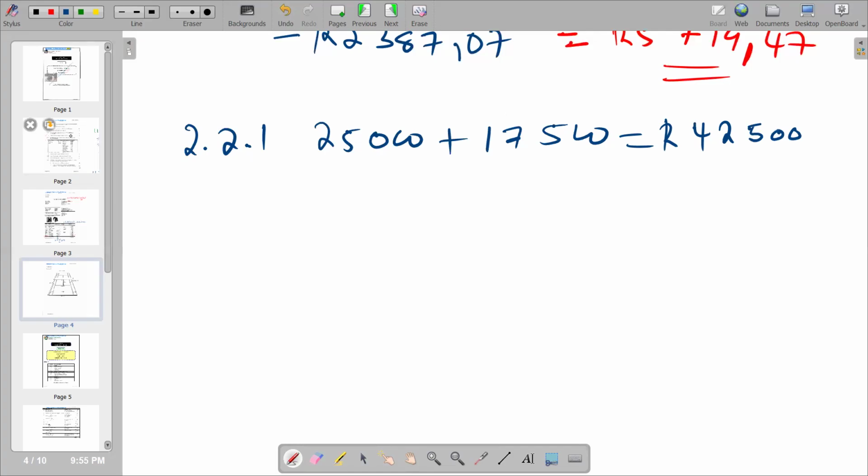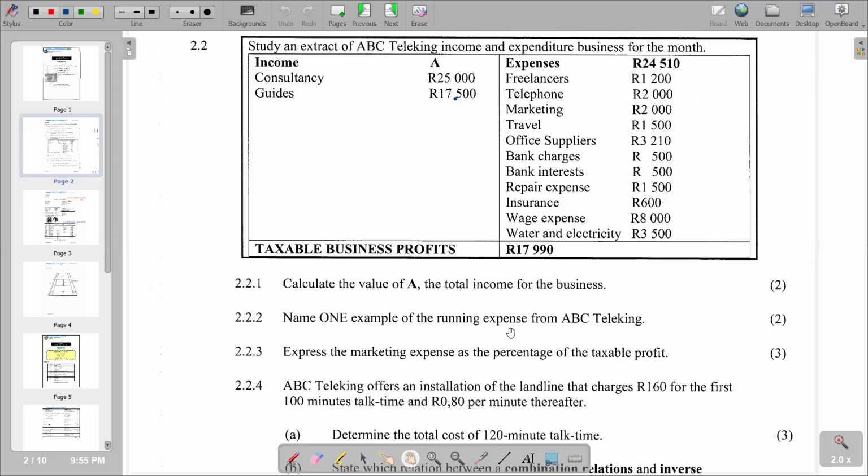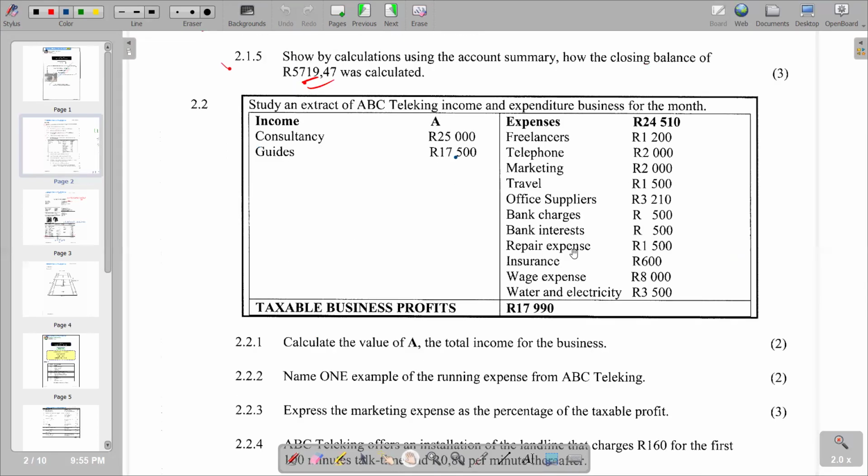And then we go to the next part of our question, which is now 2.2.2, which says, name one example of a running expense from ABC Telecom. We have our running expenses on the other side, where we have our expenses, and we can just pick one. We also have telephone. And if we go down, see other running expenses that we have.